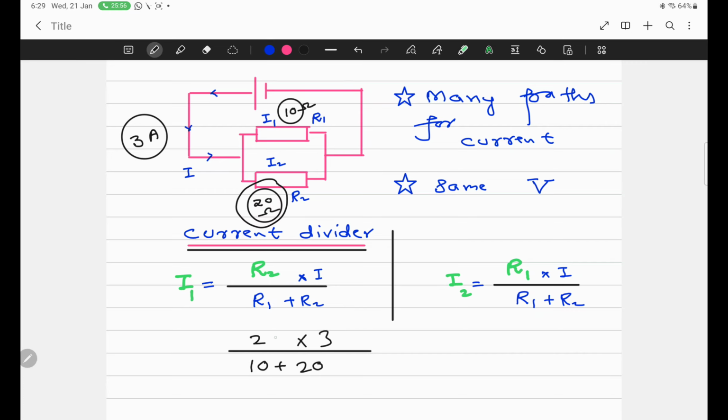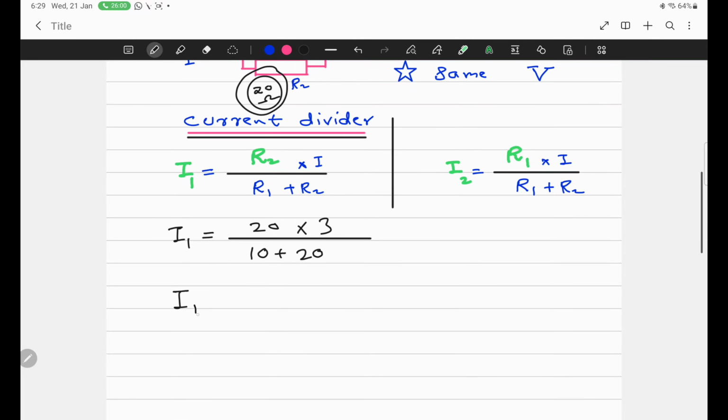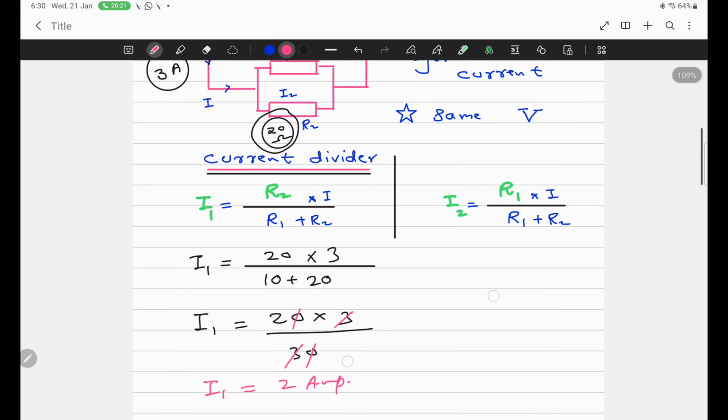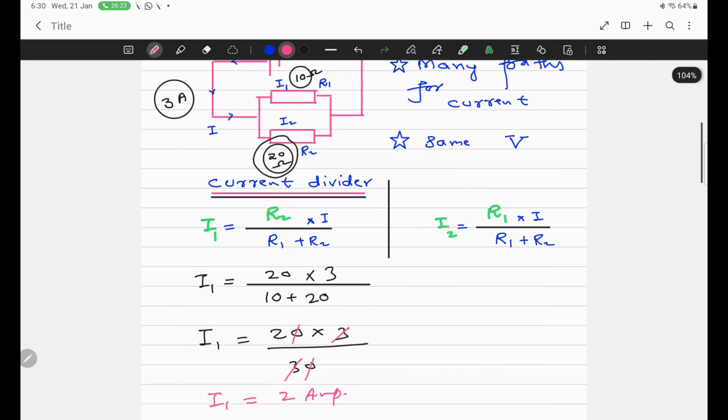R2 is 20, so I1 will be 20 into 3 divided by 30. Now simplify. 0, 0 cancel. 3, 3 cancel. So current is 2 ampere through R1.